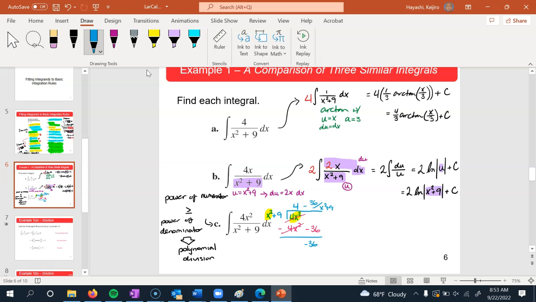We can write that operation as if we mean to do it, if we put it into a fraction form like that. Okay, so this is actually the integral of 4 minus 36 over x squared plus 9 dx.